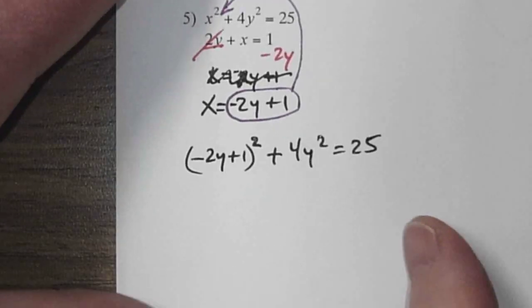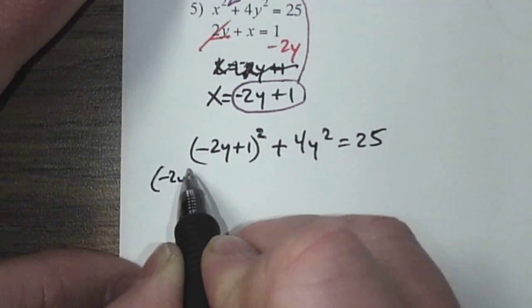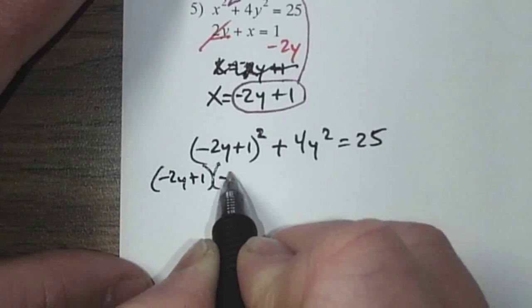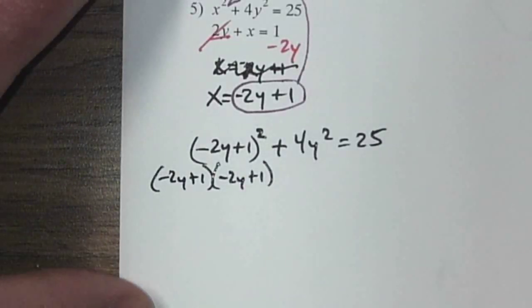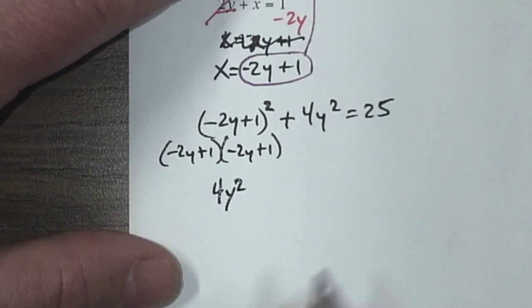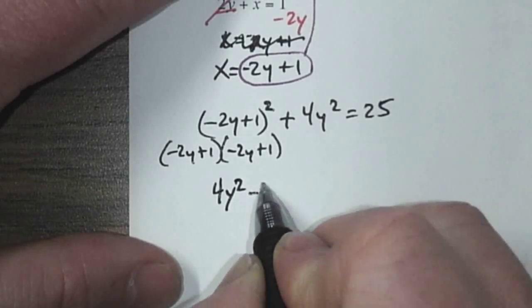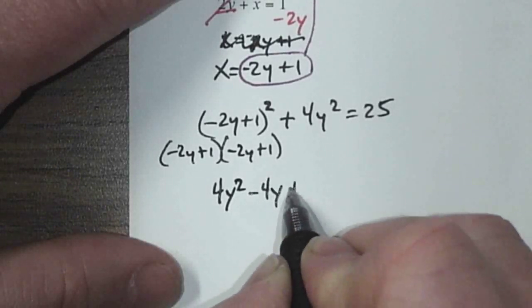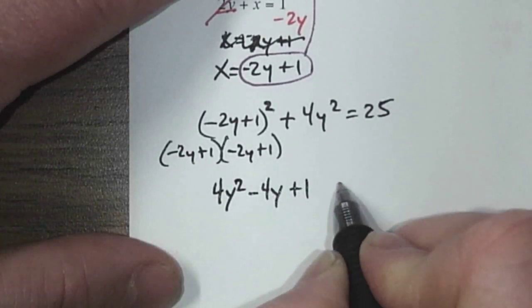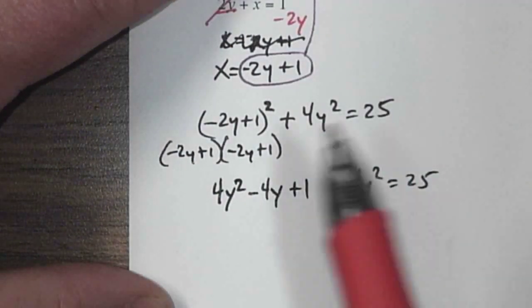Now you're going to have to multiply that out. Remember, squared means times itself. So when you multiply this out, you get 4y squared minus 4y plus 1. Then you get plus 4y squared equals 25.